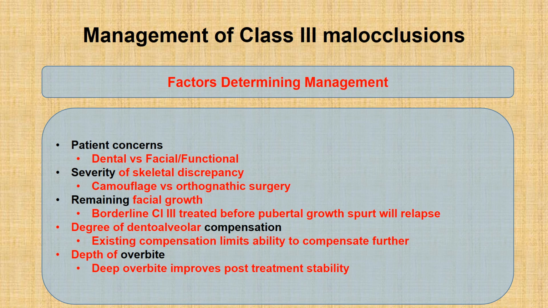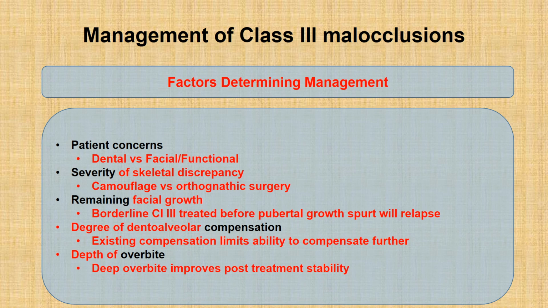Remaining or residual facial growth is a factor to consider, because any class 3 relationship that has been treated before pubertal growth will relapse. Ones that are not treated will tend to get worse.